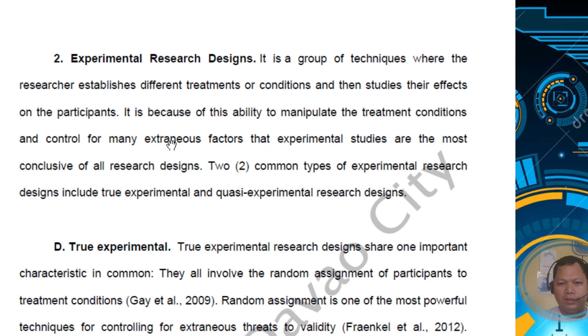Number 2, experimental research designs. So when I talk about experimental research design, it is not the same as in the field of medicine, in which we need to have an experiment with a laboratory, for example, and we will have something like giving medicines to people, etc. So in experimental research design in the field of education, it's a group of techniques where the researcher establishes different treatments or conditions and then studies their effects on the participants.